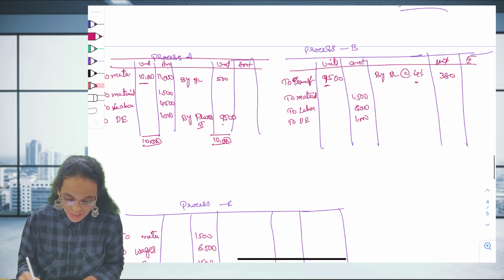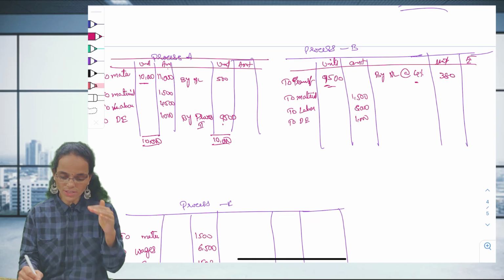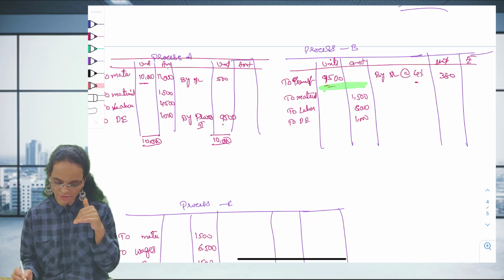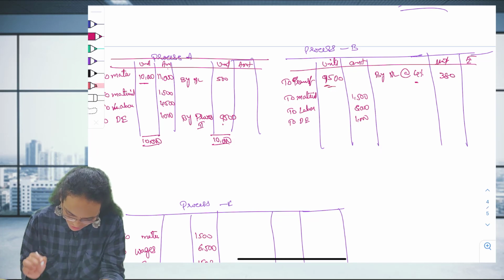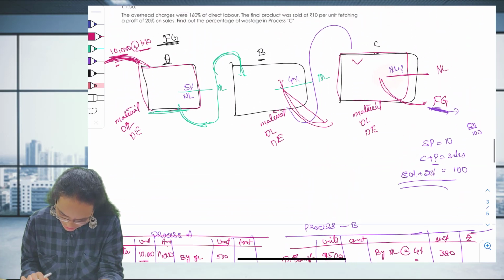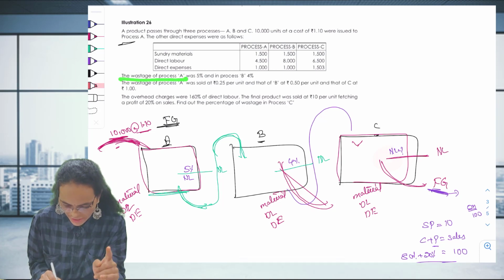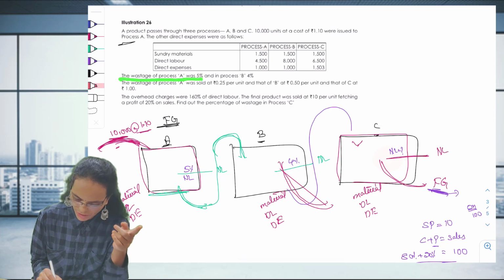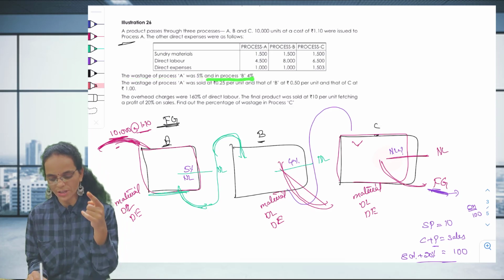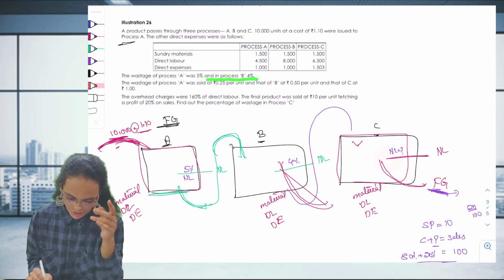What is the cost here? We don't know as of now, so first we will go to the question. Wastage of process A, 5%, we have already taken into consideration, and process B also.